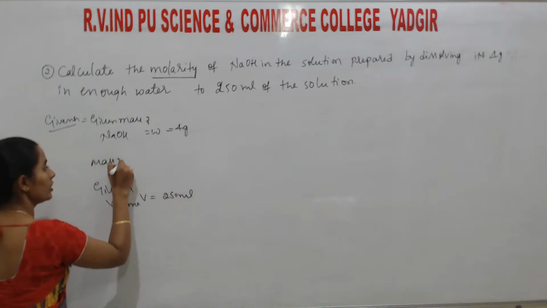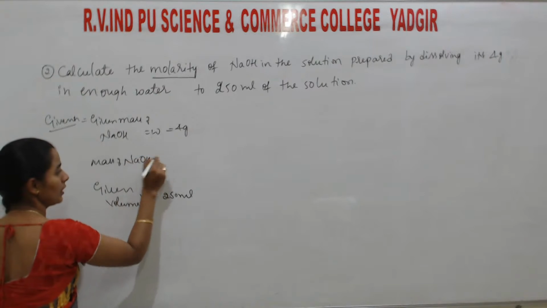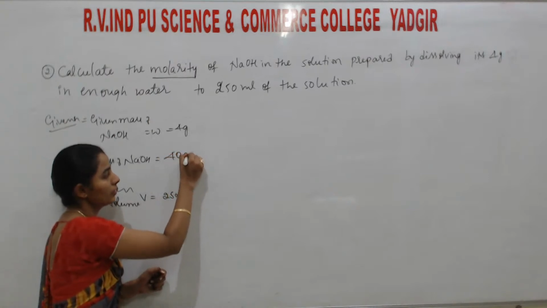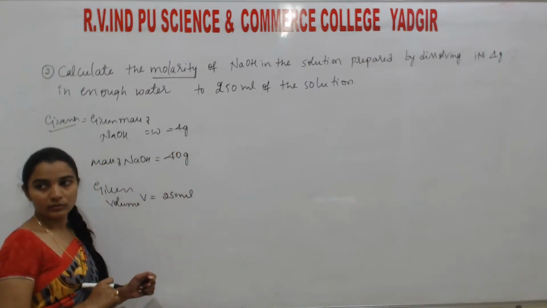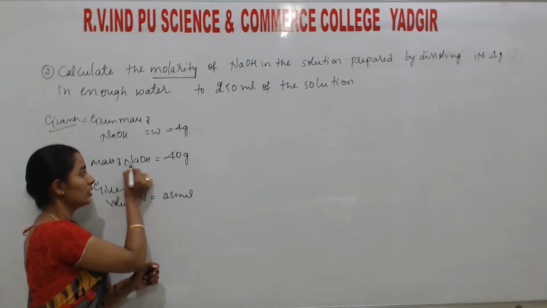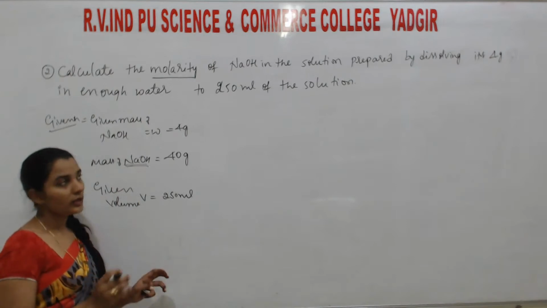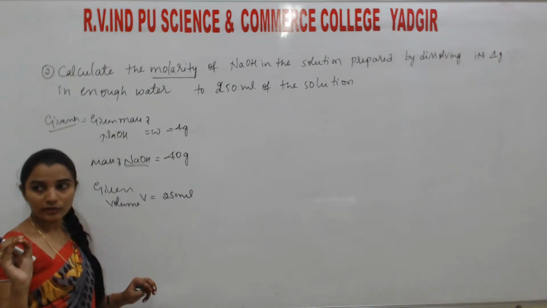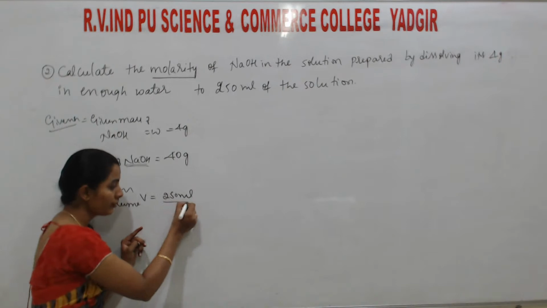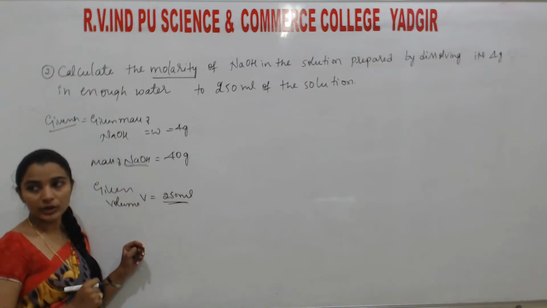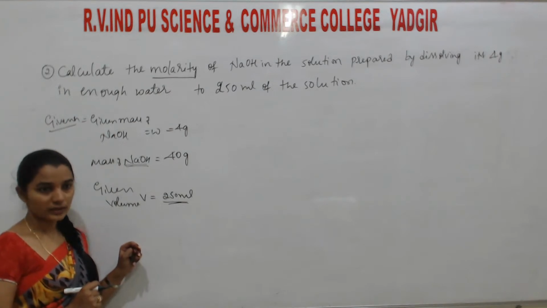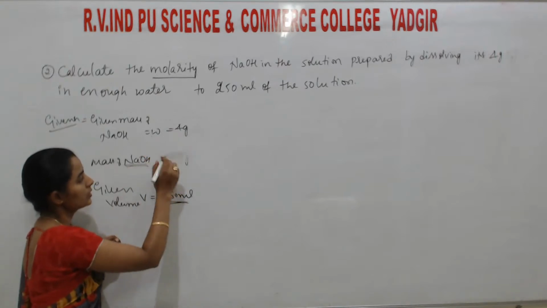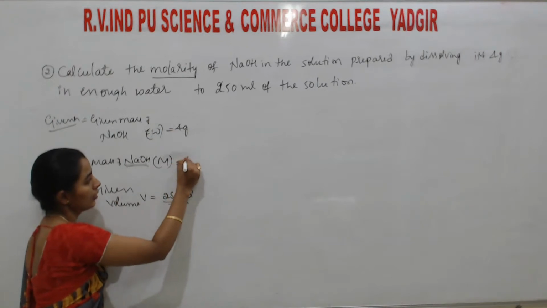Next, you may easily calculate the molar mass of NaOH: Na plus O plus H, that is 23 plus 16 plus 1, 40 gram. They won't give it. If they simply give NaOH, you have to calculate from the molecular formula yourself. Also the volume is given in ml, not in liter, so you have to convert it into liter.